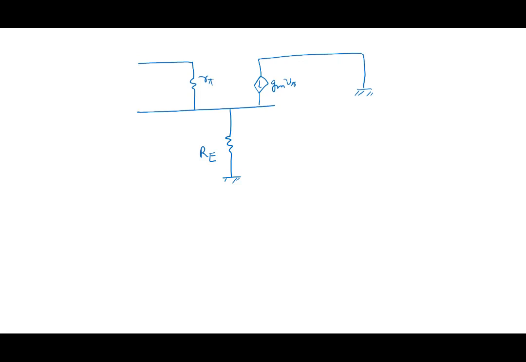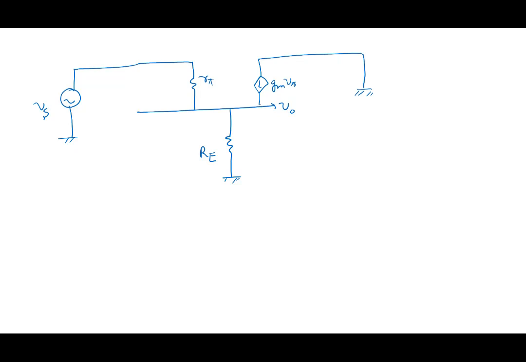And now let's define, this is my signal Vs, and let's define this as V naught here. Okay, this is V naught.